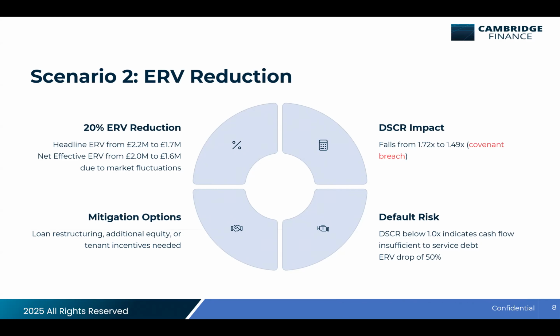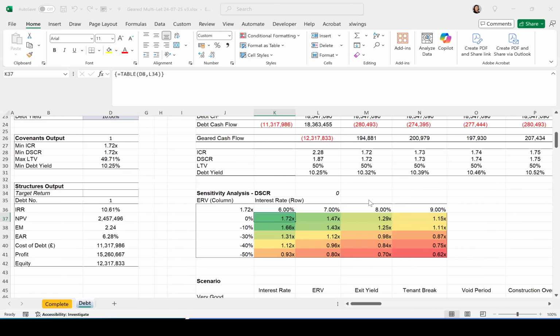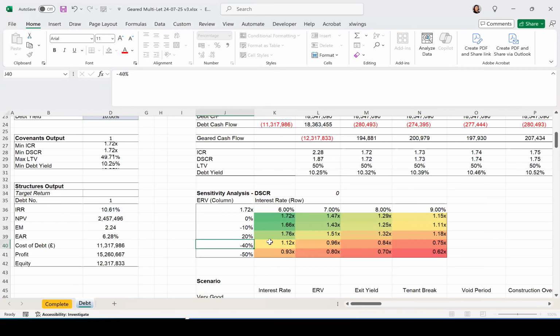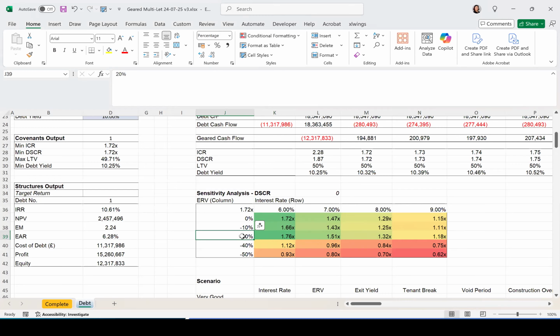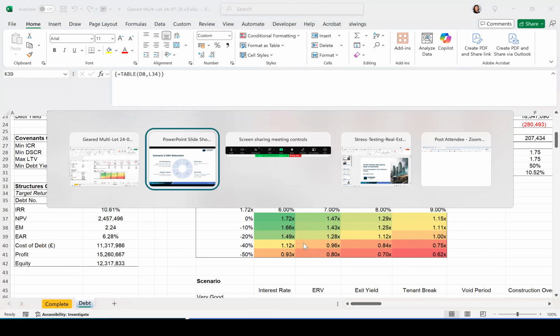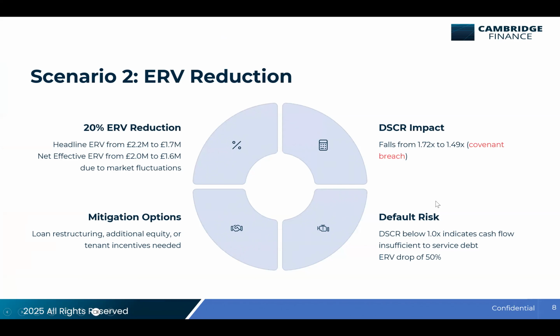Oh, I missed just the 20%. Let me just change. Oops, no, minus 20%. So what happens with the minus 20% is that if your interest rate remains the same, you're still going to breach your covenant, which is 1.5. So you're at 1.49 times. So it's still a breach. Okay, it's not a massive breach, but you're still in breach.